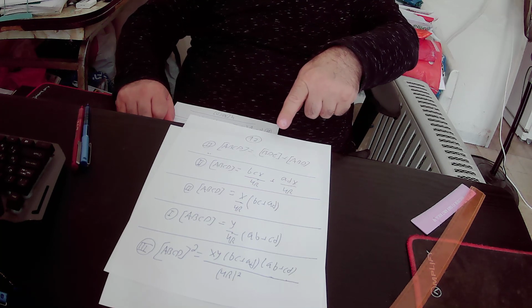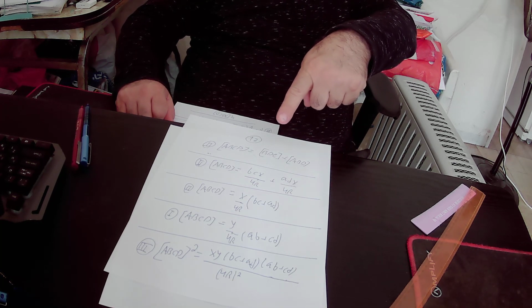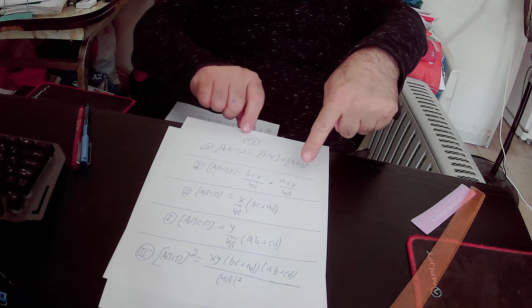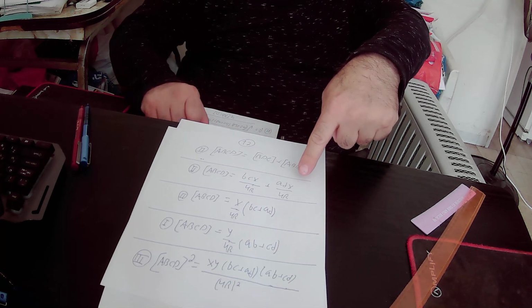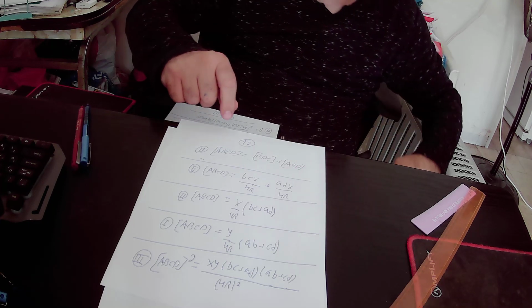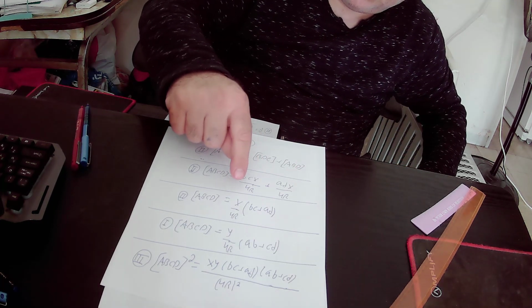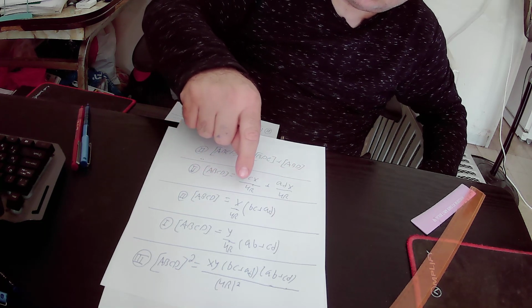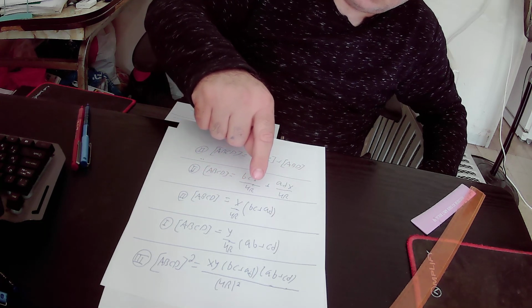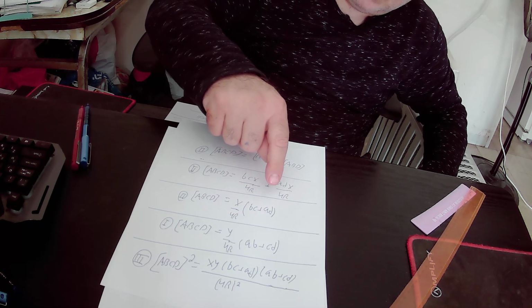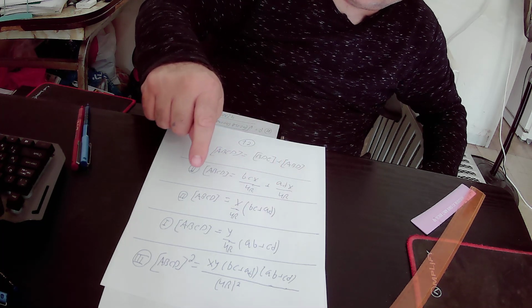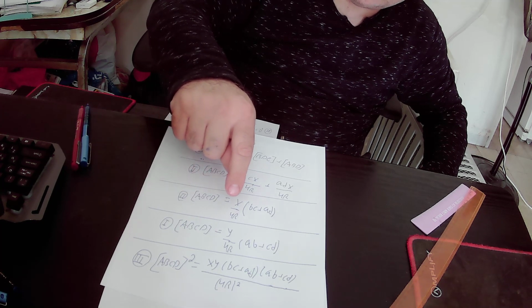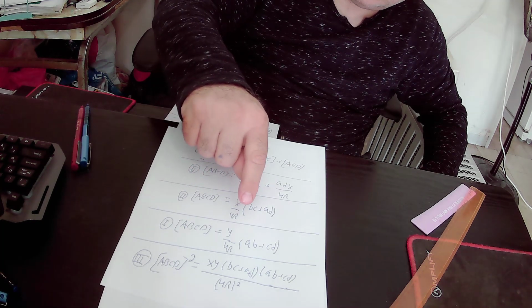We have already found out that the area of triangle BDC equals BCX over 4R, and the area of triangle ABD equals ADX over 4R. We took a common factor of X over 4R out of this expression, and we got that the area of quadrilateral ABCD equals X over 4R times (BC plus AD). And we have already found out that the area of quadrilateral ABCD also equals Y over 4R times (AB plus CD).